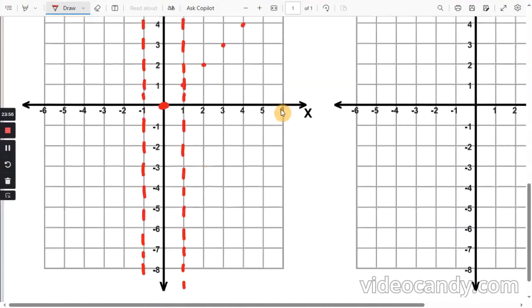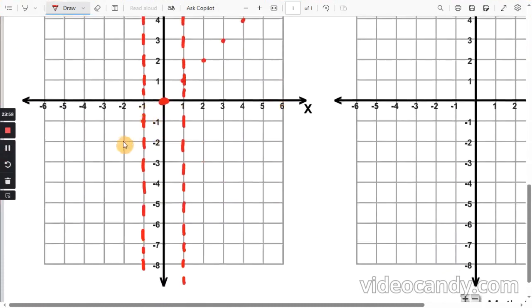And same with the negatives. For y equals x, whatever x equals, y equals. Negative 3, negative 3, negative 4, negative 4, and so on. Okay, that is going to be a dashed line.